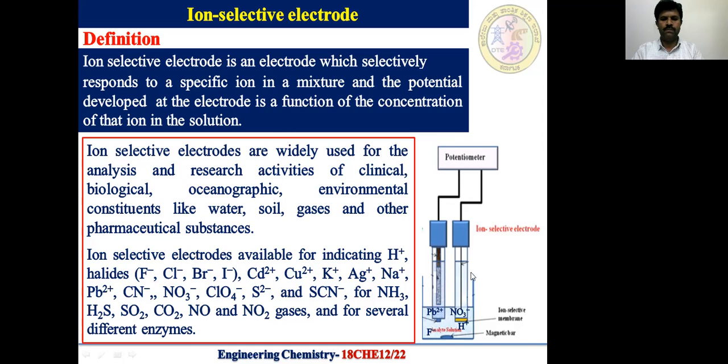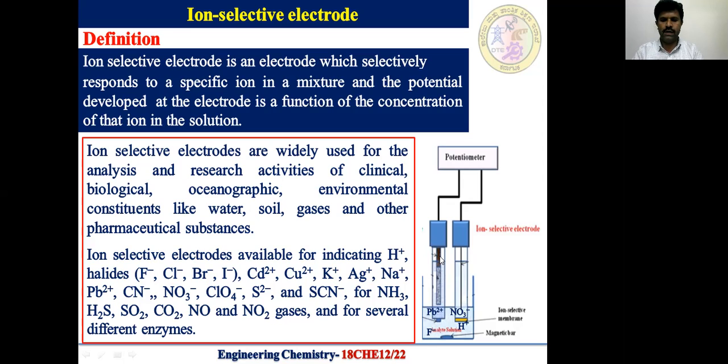So for example, if we consider this is an analyte solution containing different ions like H plus ion, NO3 minus ion, metal ions like lead 2 plus ion, and halogens like fluoride ion.